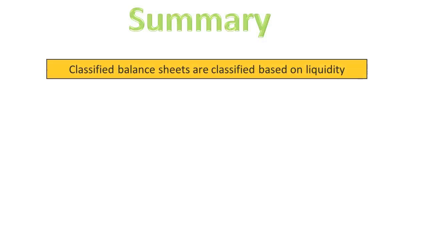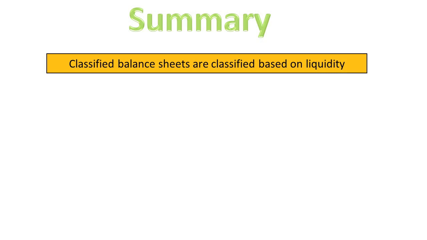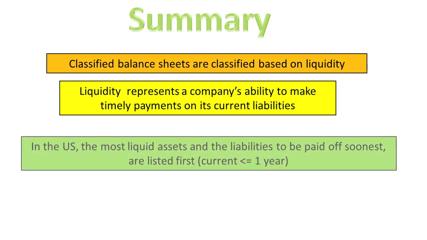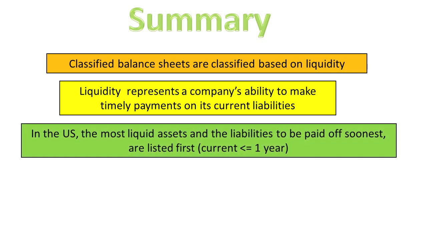Summary. Management uses classified balance sheets to indicate a company's liquidity. Liquidity represents a company's ability to make timely payments on its current liabilities. In the United States, the most liquid assets are listed at the top of the assets section, and the liabilities to be paid off the soonest are listed at the top of the liabilities section. Current usually represents less than 1 year, but could be longer depending on the length of the operating cycle.